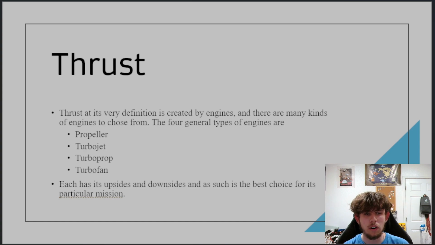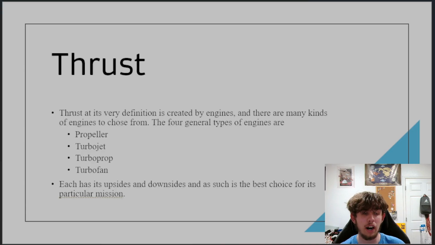There are four main general types of engines. The propeller engine, which is the single-engine piston aircraft, the piston-driven propeller engine. The turbojet, which is the oldest form of turbine-powered propulsion that we have.